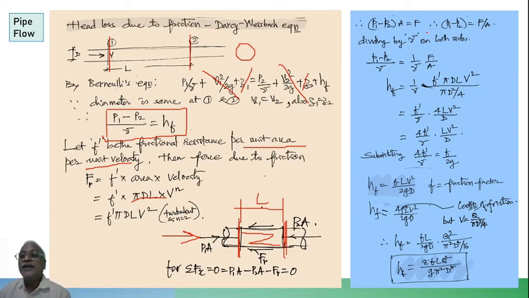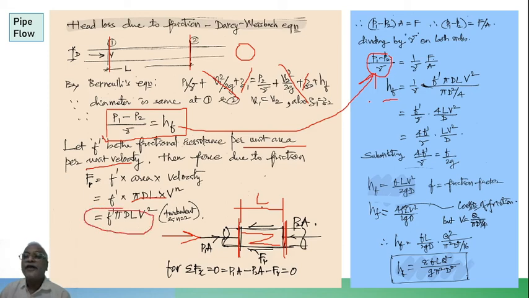Now dividing by gamma on both the sides, it becomes P1 minus P2 by gamma is equal to 1 by gamma F by A. Now what is this P1 minus P2 by gamma? It is nothing but HF, head loss due to friction. I have put that is equal to 1 by gamma, this frictional force which we have made it here, F dash pi dl v squared, that is there, divided by area of the pipe is pi d squared by 4.